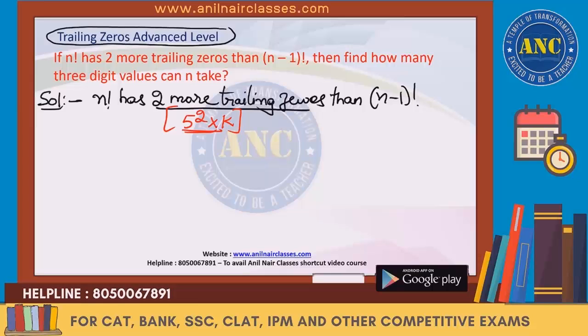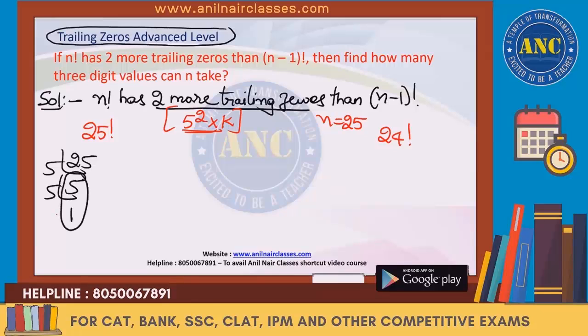Now let me take n as 25, the lowest one. This is 24 factorial and this is 25 factorial. Let us see what is happening. 25 has 5 5s, which is 25, and 1 more 5, so 5 plus 1 is 6 zeros.